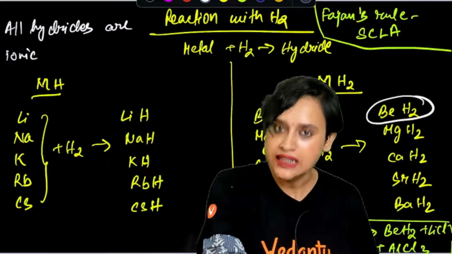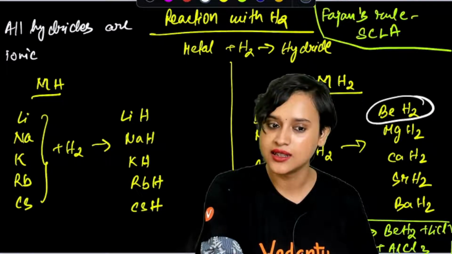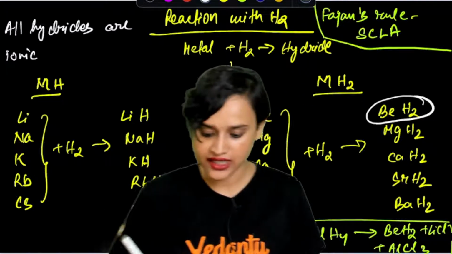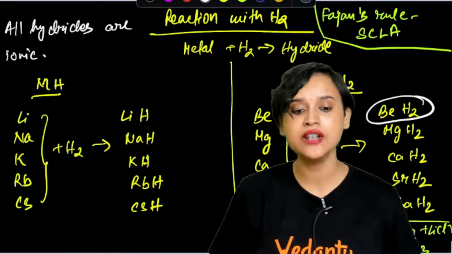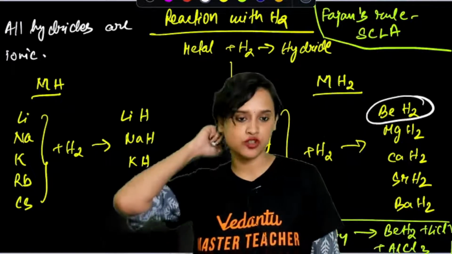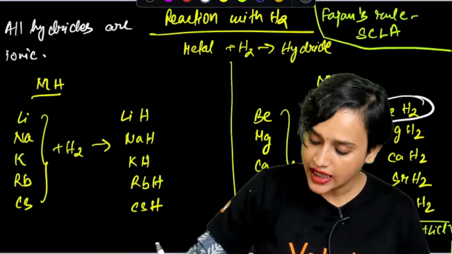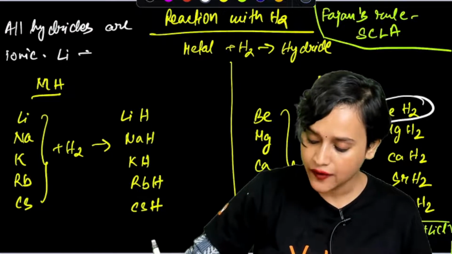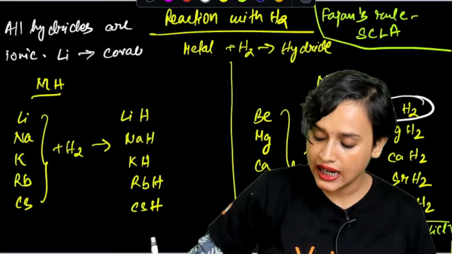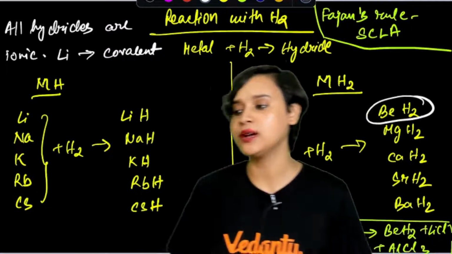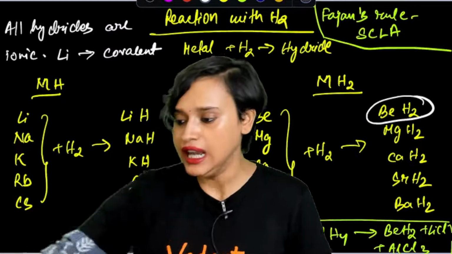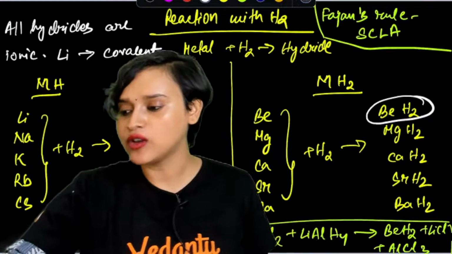But lithium is obviously the smallest, so all hydrides are ionic, but lithium sometimes forms covalent compounds as well.